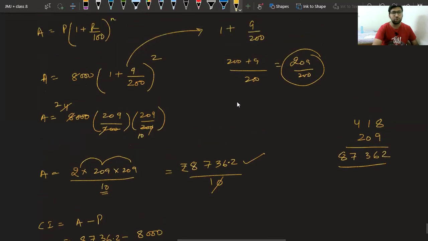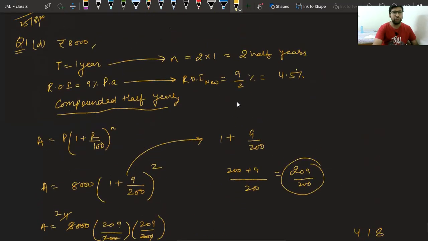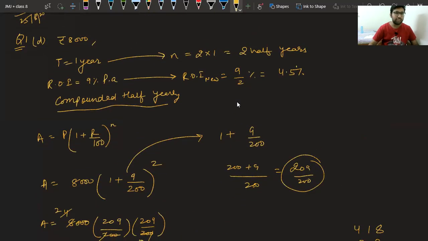Yash, in this question, given to us was rupees 8,000 as principal amount, time was 1 year, rate was 9% per annum. Then they suddenly said you have to find compounding half yearly. And we all know when we do half yearly, there will be changes in time period and rate of interest. The time period will become 2 times because in 1 year there are 2 half years.